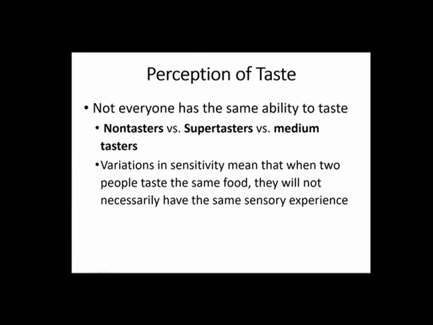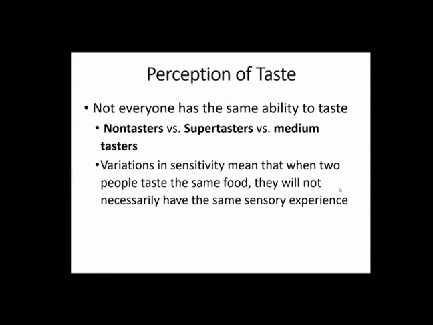Or you can have super tasters. Maybe you have that friend who can taste a meal and tell you every spice the chef used. Or you could be somewhere in the middle where you have a sense of taste, but it's not fantastic, it just gets you by. And so these variations in sensitivity mean that no two people are really going to get the same experience, even if they're eating the same food.